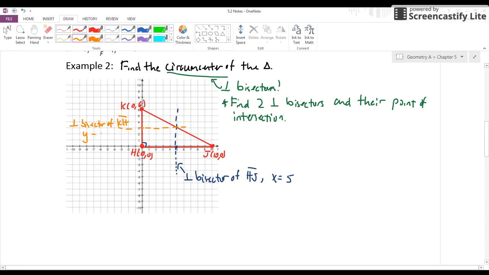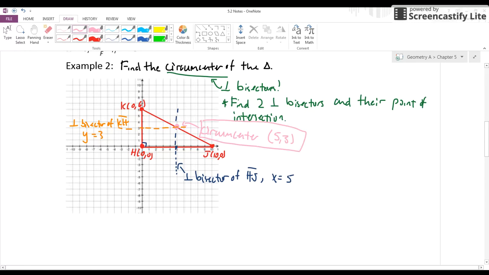That's going to be y equals 3. And again, it's y equals 3 because it's a horizontal line that goes through the value of y, which is 3. And that point of intersection is going to be my circumcenter. So right here where they meet, I'm highlighting right here in pink, this is the circumcenter. And that point is the point (5, 3), and that is my answer.